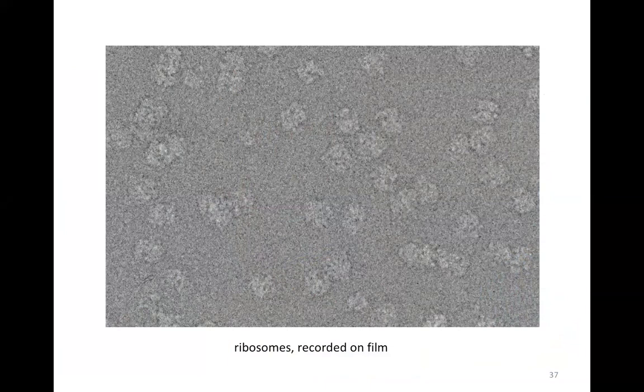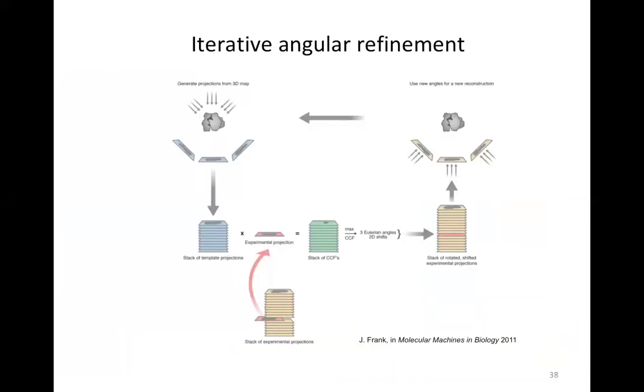Okay, so here we have ribosomes recorded on film. You see the contrast is relatively weak. You have a lot of salt and pepper appearance from the low dose.